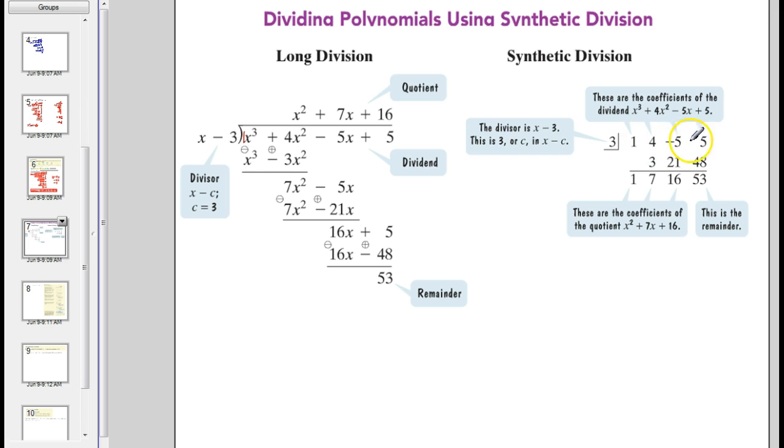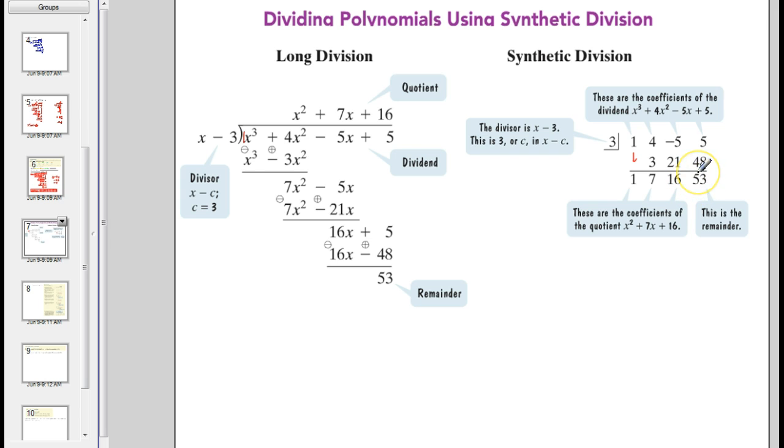Now what we typically do, what you'll see in the upcoming examples, is we skip a line, and then this number is brought down, and then it's multiplication. 3 times 1 is 3. This is addition, 7. 3 times 7 is 21. Addition, 16. 3 times 16 is 48. Addition, the remainder is 53.